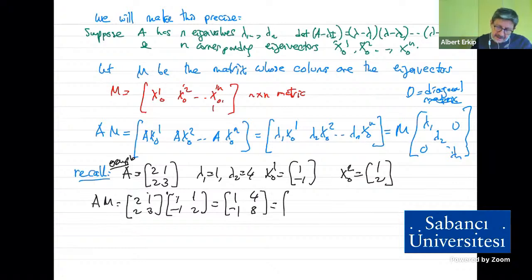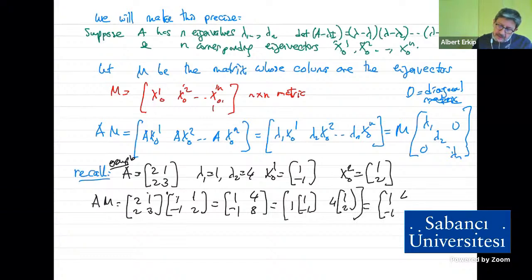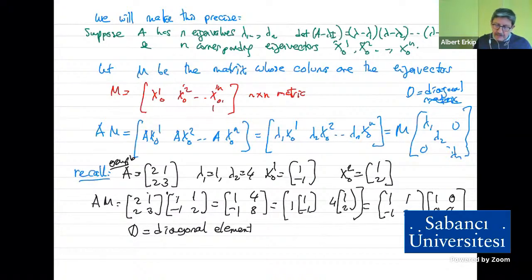And you really see that this is 1 times (1, -1), and 4 times (1, 2). So this is really M, which is [1, 1; -1, 2], times [1, 0; 0, 4]. You get this, this is D. D is just the diagonal matrix whose diagonal elements are lambda 1, lambda 2, up to lambda n, and the rest is 0.